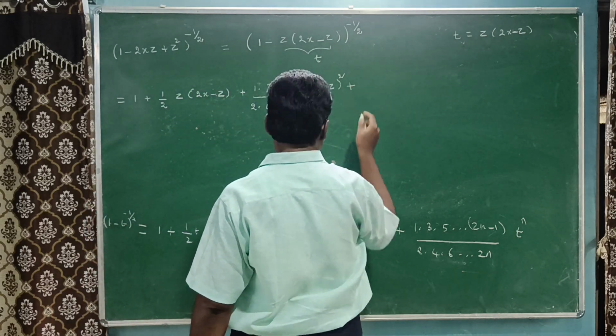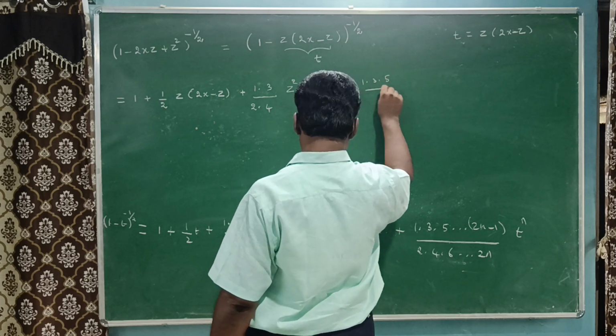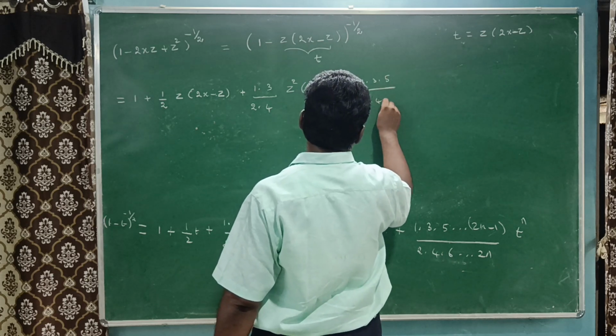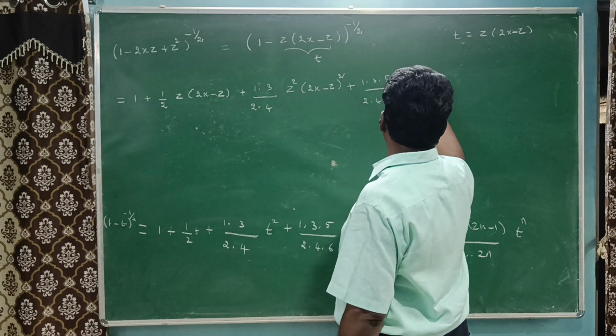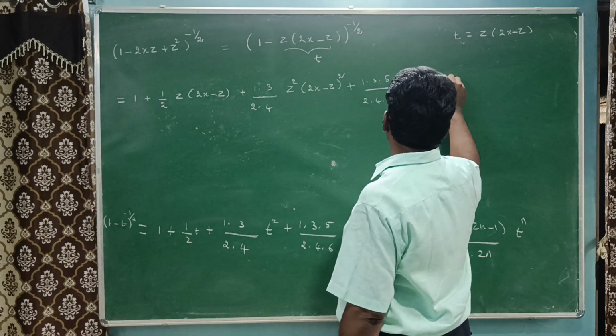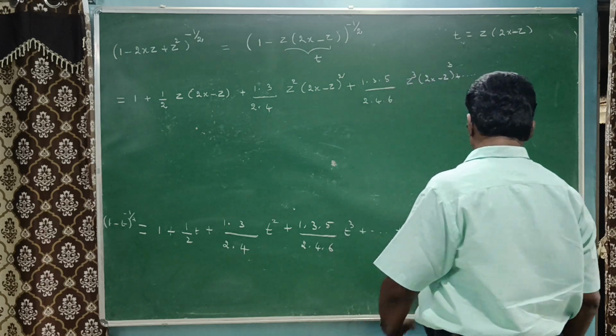Then (1·3·5)/(2·4·6) t³, that is z³(2x − z)³, then dot dot, the nth term.